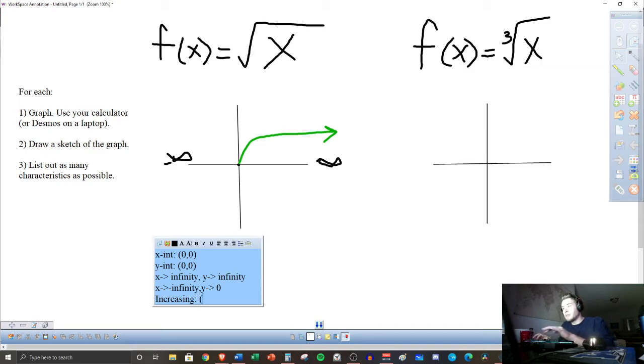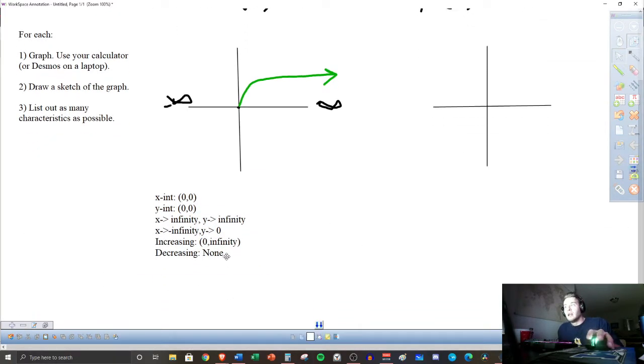So we're going to write this in interval notation. From 0 to infinity, the graph is increasing the whole time. Is there a decreasing? No, it's never decreasing. So we're not going to put an interval of decrease on here.